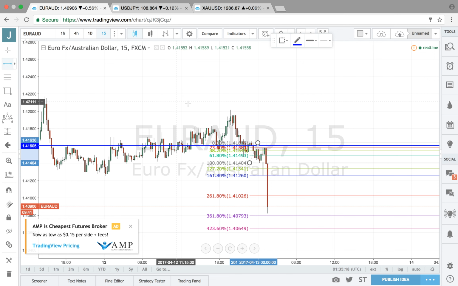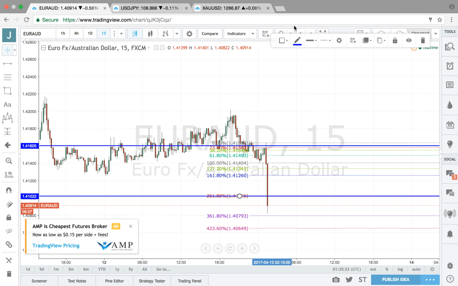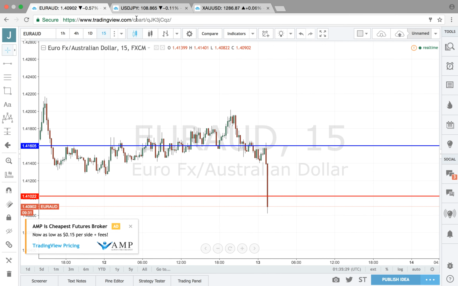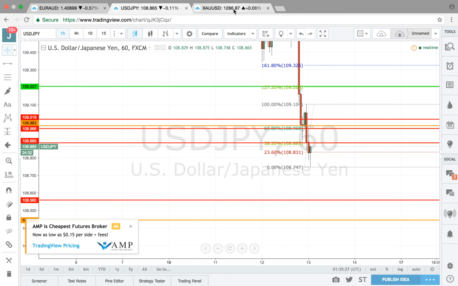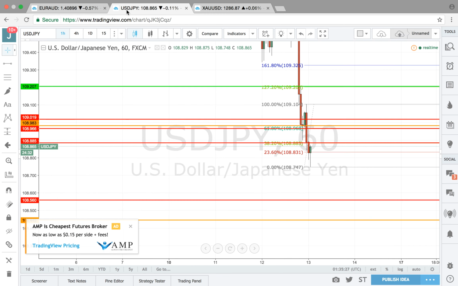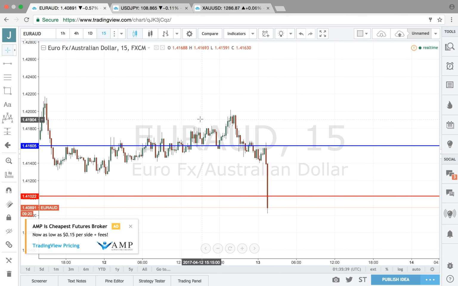So this one on the 15-minute. So I'm going to mark this line up. Let's check on this real quick. Gold just hit that first take profit on that sell. So now we're going to zoom back out.